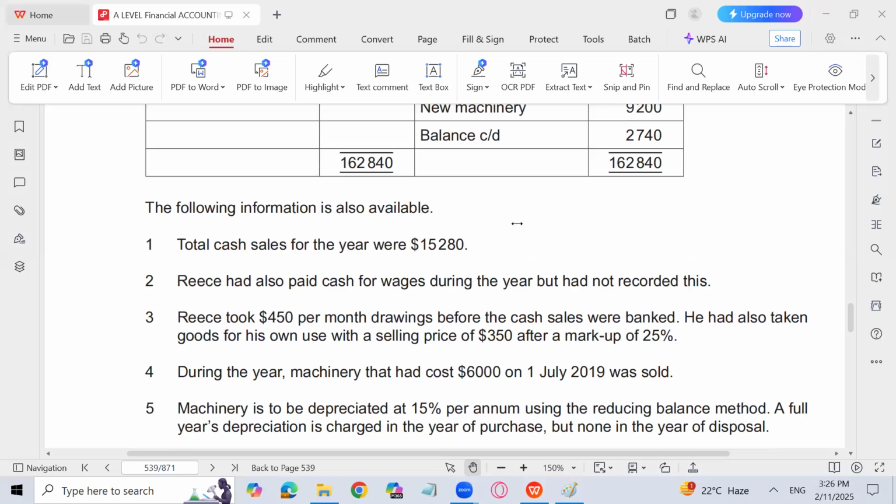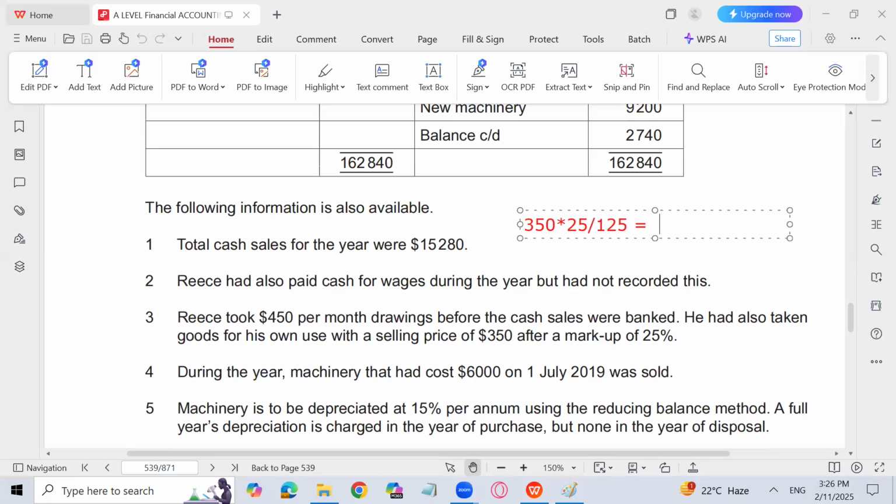So basically, goods drawing, which is 350, that is the selling price. So we need to find the cost price of goods drawing. How we are going to find it? The selling price needs to be multiplied with the margin. We have been given markup 25%, so we have to convert markup into margin. So 350 multiplied by percentage over 100 plus percentage, which is 25 over 125.